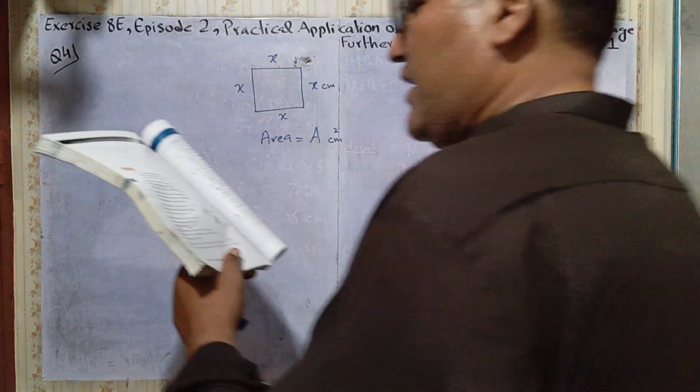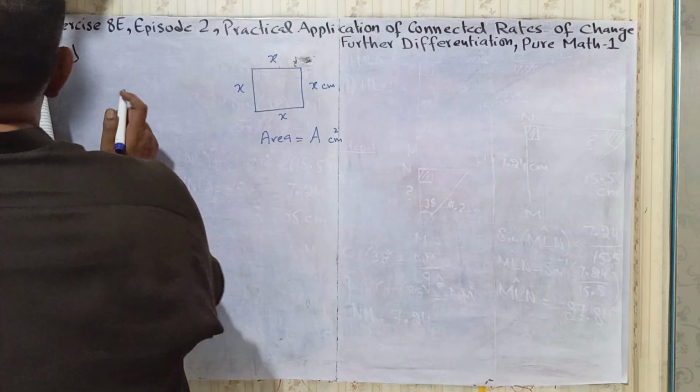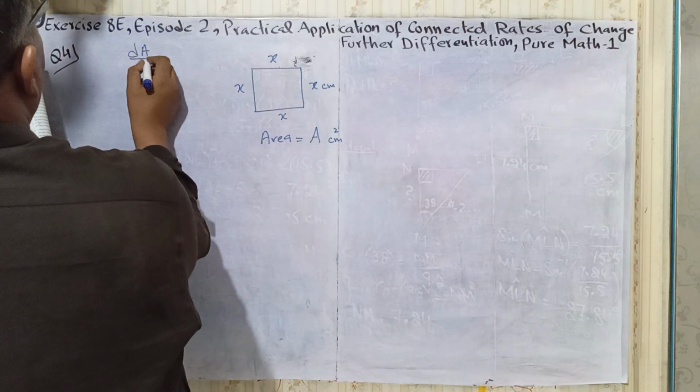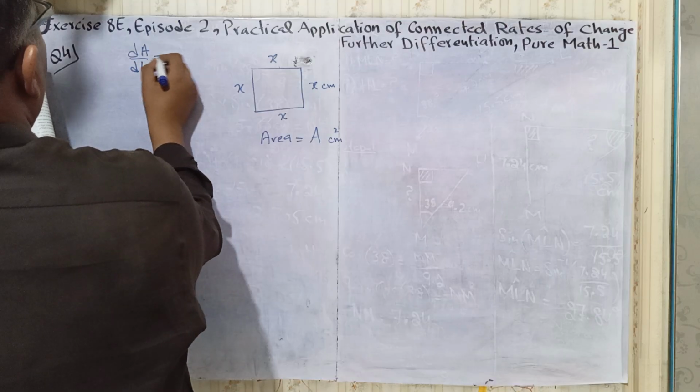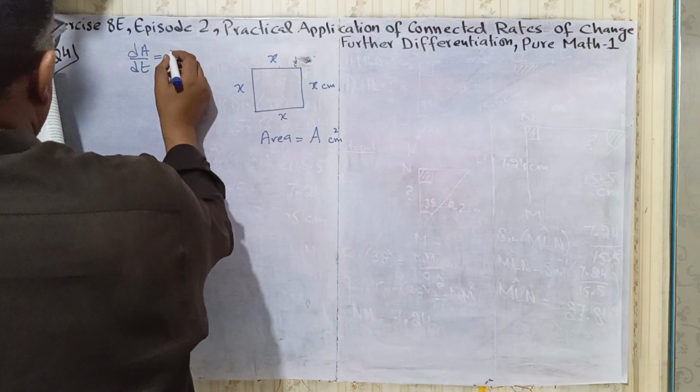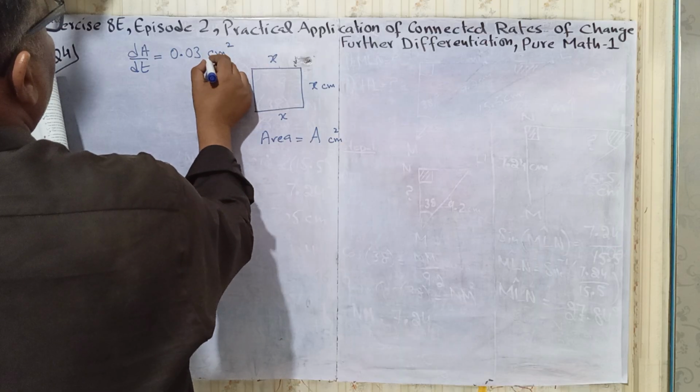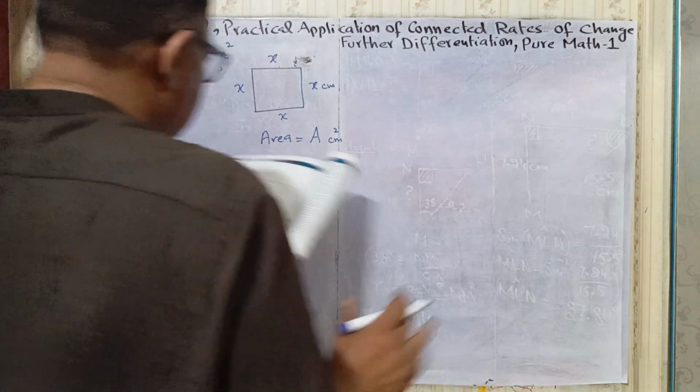The area is increasing, dA by dt is equal to 0.03 centimeters squared per second. This is given in the question.